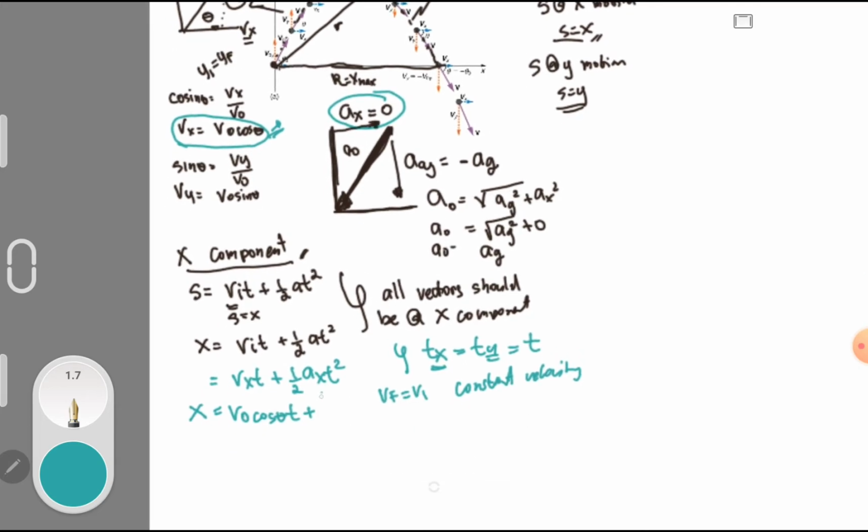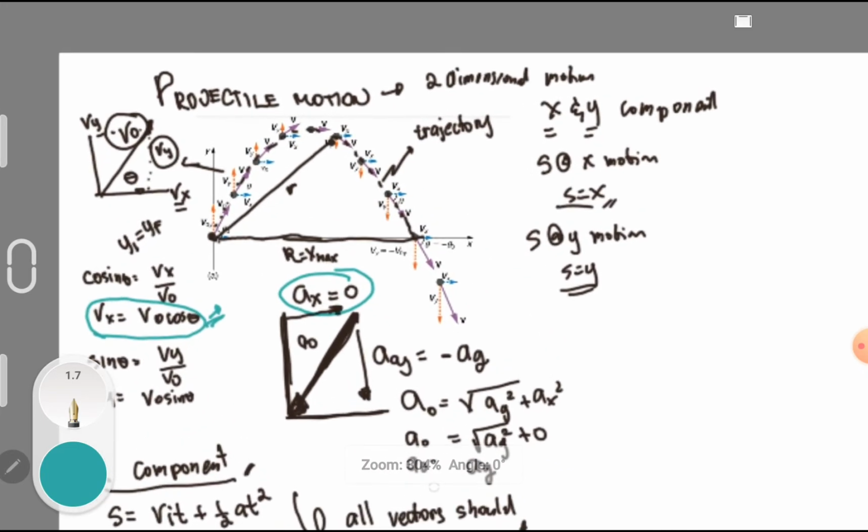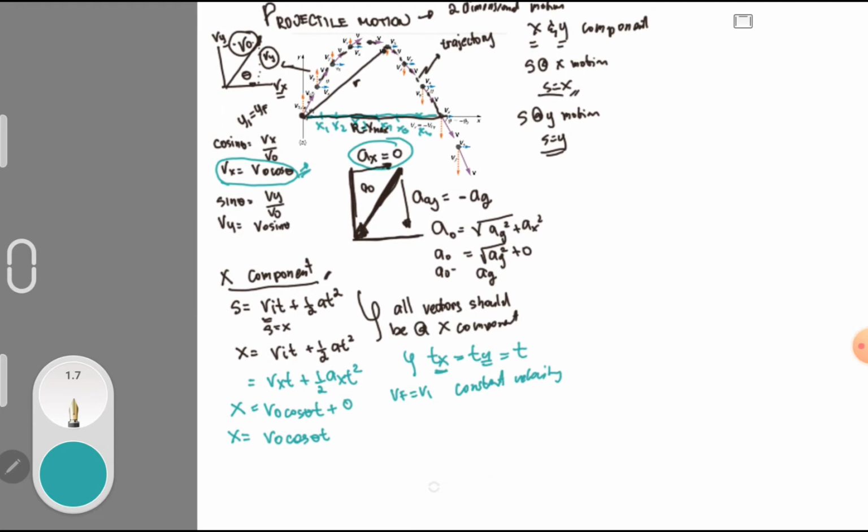So Ax is 0, therefore our x is equal to Vo cosine theta times t. So that value of x is any value of x within this range. So x1, x2, x3, x4, x5 hanggang x6, hanggang x range tayo. So up to x range. That is the value of our x. Okay?